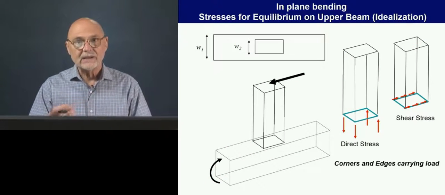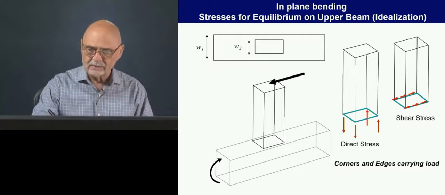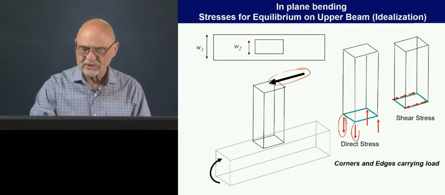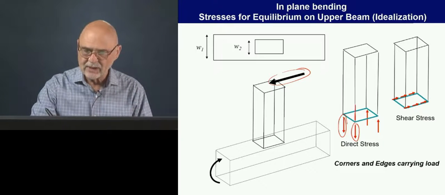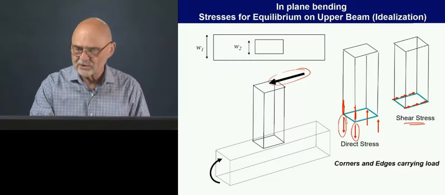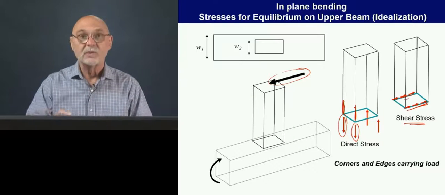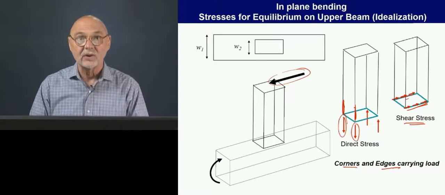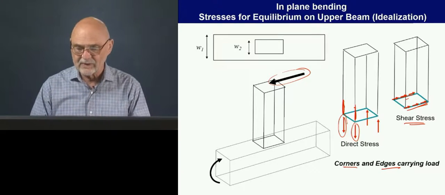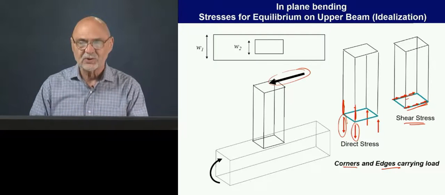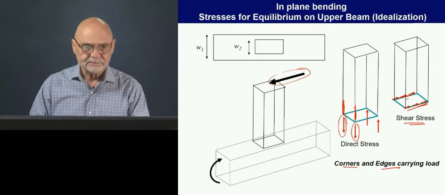One way to idealize this is to say that when we apply a load like this, all of the direct stress will be input at the corners of the section, and all of the shearing stress will be along the web edges. So the corners and the edges carry the load. We know that from a simplification of what we had done before with our simple structural surface models.